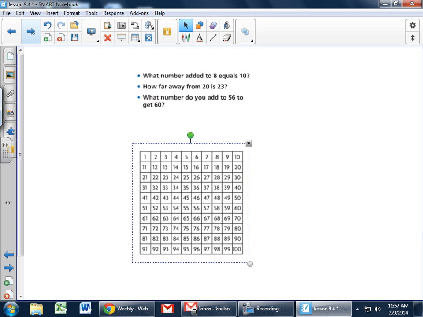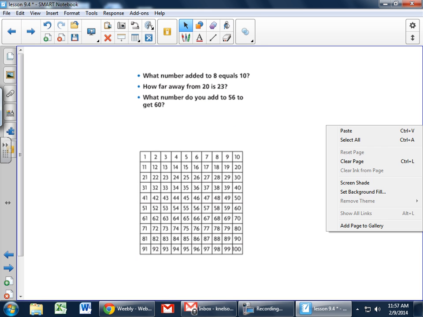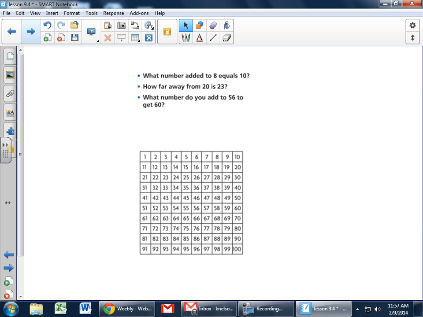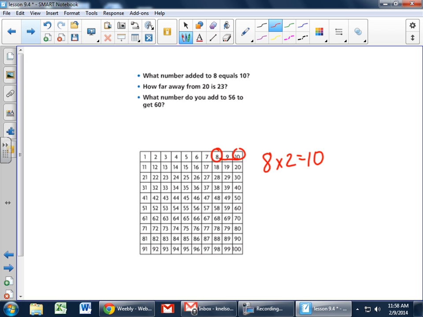With your brain warmed up, we're going to do another little warm-up today. What number added to 8 equals 100? So I'm sorry, I did not read that right. What number added to 8 equals 10? So I'm at 8, and I want to get to 10. How many jumps did I do? 8 plus 2 equals 10. Super easy. How far away from 20 is 23? 20 plus 3 equals 23.